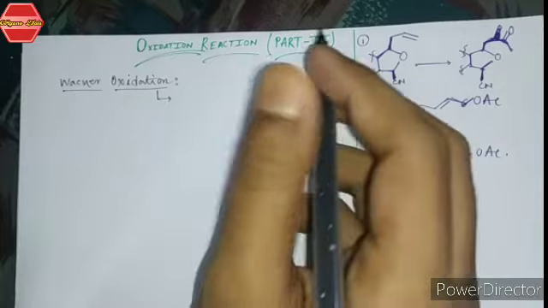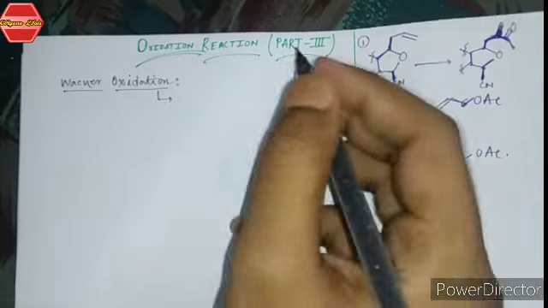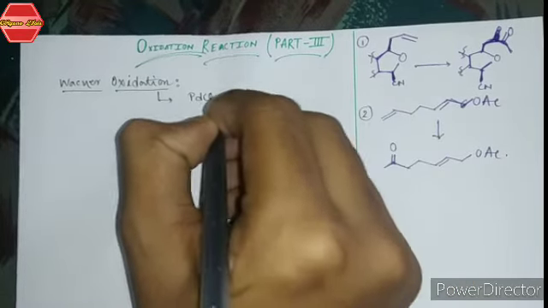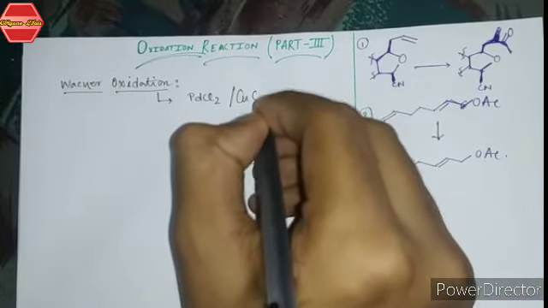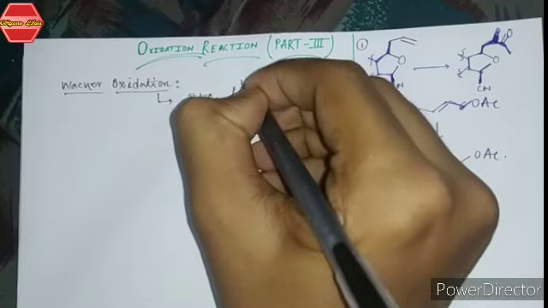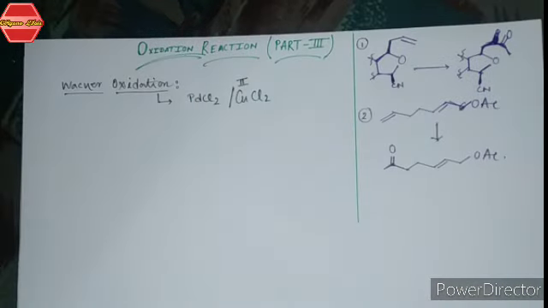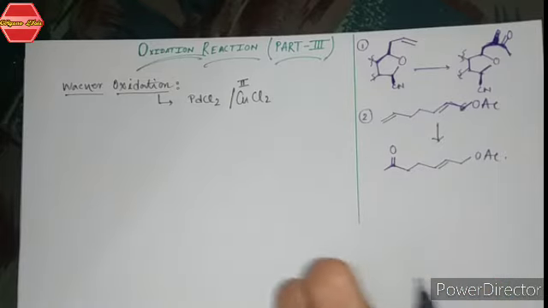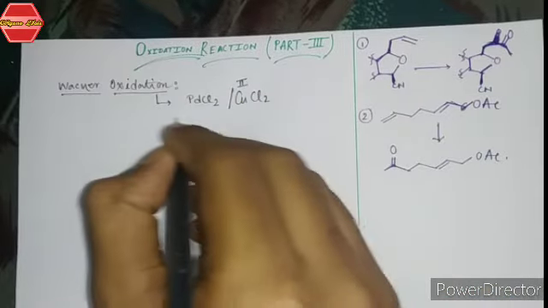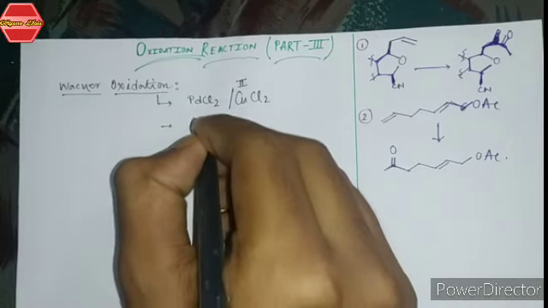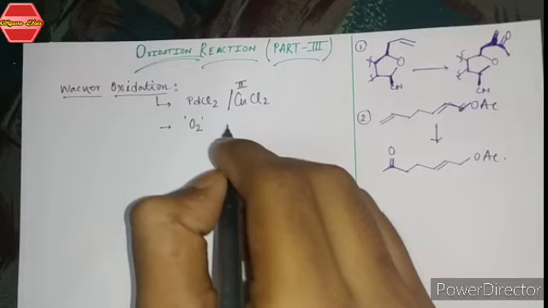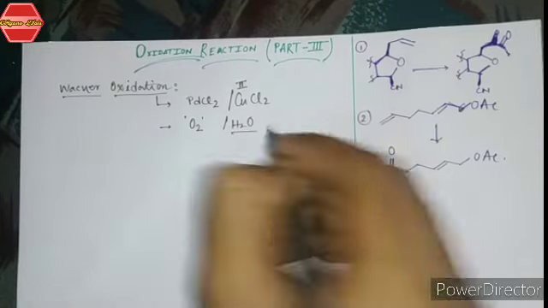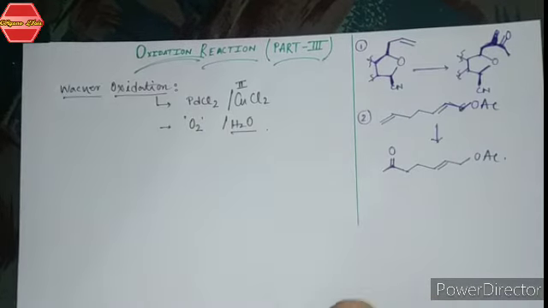In Wacker oxidation the reagent is palladium chloride, and there is a catalytic amount of copper chloride, copper in oxidation state 2, and aerial oxygen and water. This is your overall reagent.